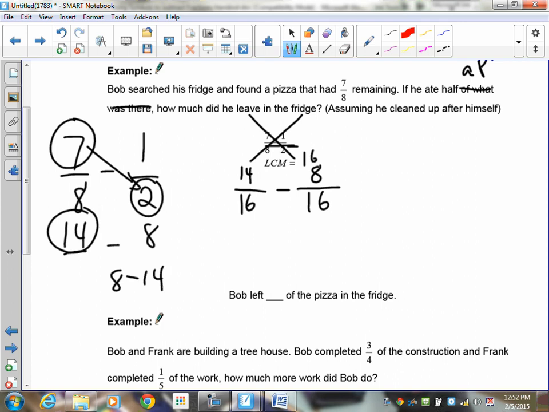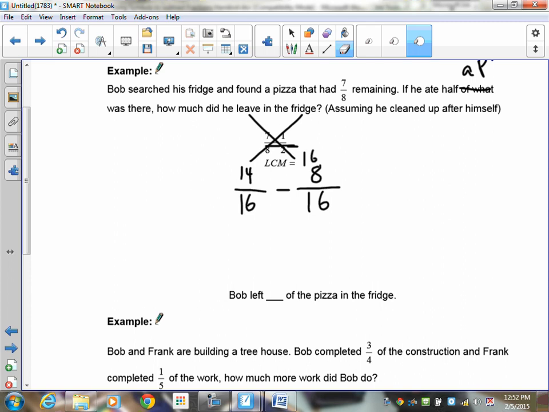Now in grade 9 we're going to be doing positive and negative fractions. So you have to know that order is important. 8 take away 14 is actually negative 6, whereas 14 take away 8 is positive 6. So keep your order correct. Screwing your order up will cause the whole question to be incorrect, and I have no choice but to mark it wrong.